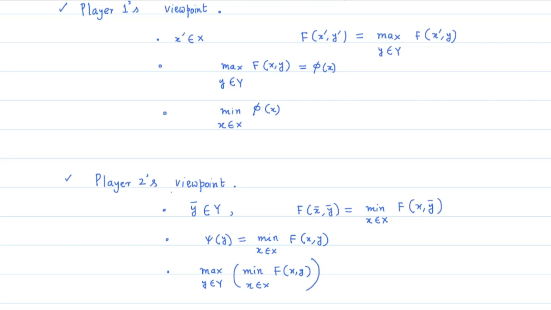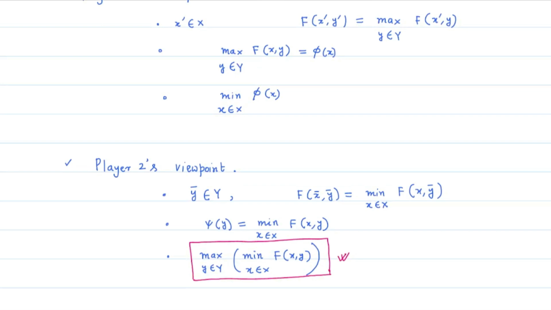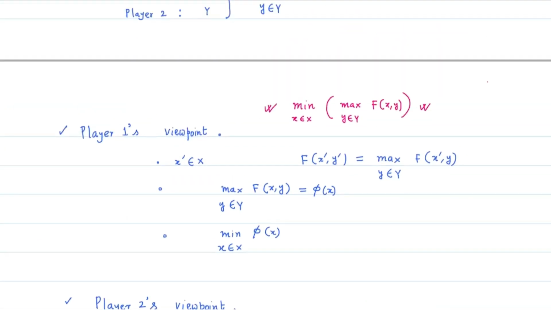So from the viewpoint of player 2, we notice that player 2 will be solving this max min problem to identify the best possible strategy to be chosen in the game, right? From player 2's viewpoint, the game problem is a maximization problem, maximization of the function psi(y), and for player 1 it is a minimization problem, minimization of the function phi(x), right?